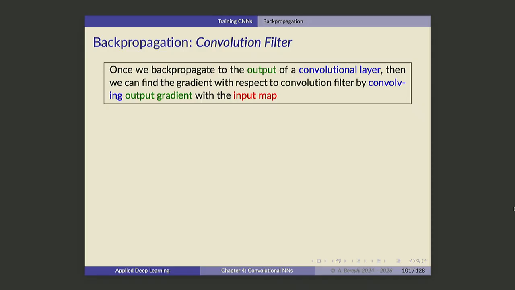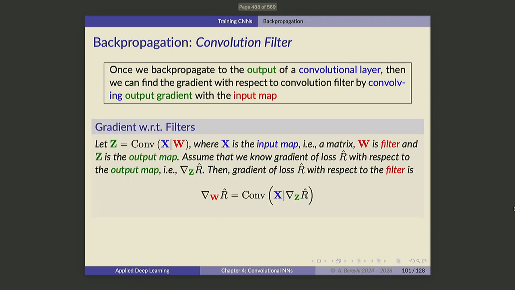So, moral of the story, when you want to compute the gradient with respect to the filter of the convolutional layer, you basically do again another convolution. So you could say if Z is the convolution of X with W, then the gradient with respect to weights is the convolution of X with the gradient of Z, right? And that's, again, a convolution operation.